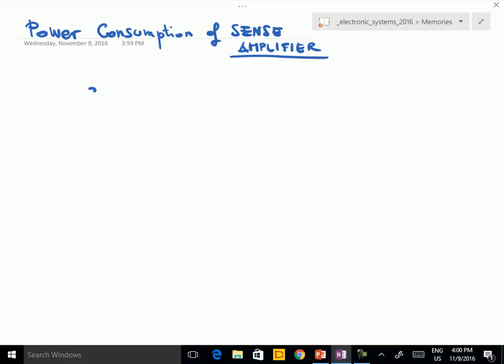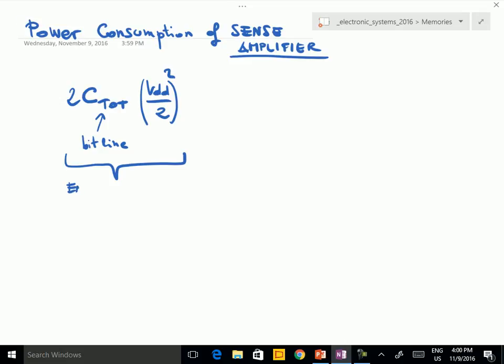So the energy is C tot of the bit line, the total capacitance of the bit line, times VDD square over 2, times 2 because we have 2 bit lines. This is the energy per read operation.